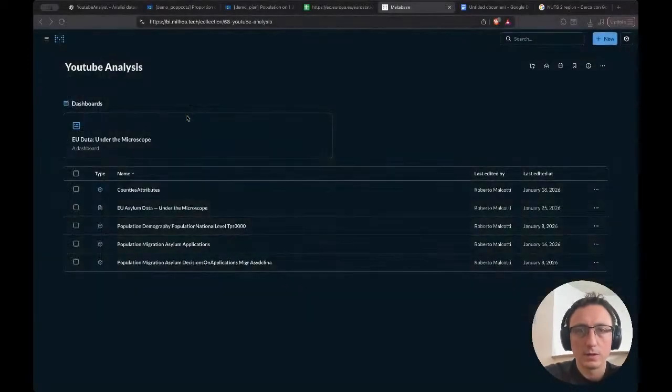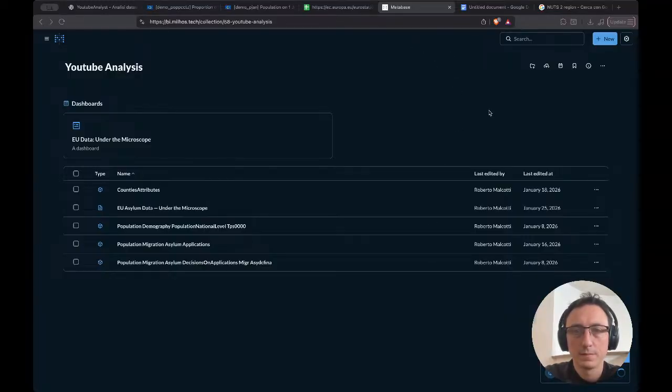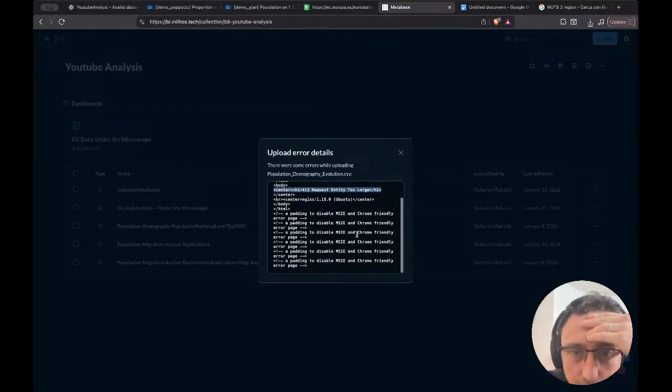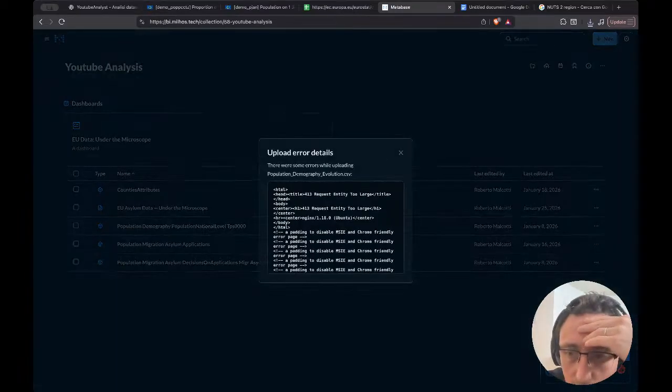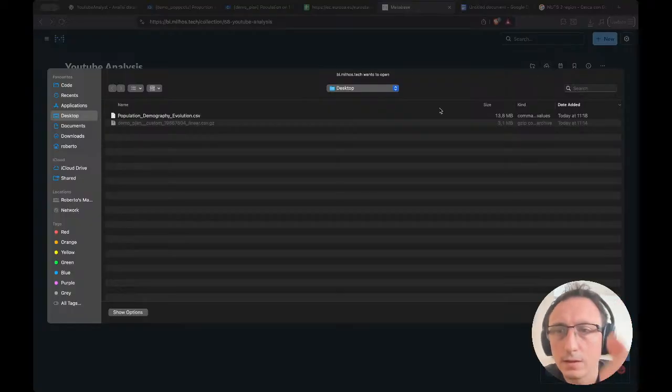Let's call it this way instead of stock. Create a new model. Entity too large. Strange, because the limit is 50 megabytes.